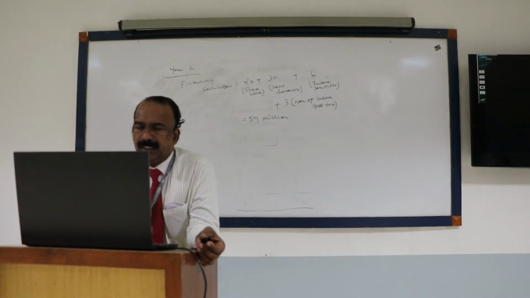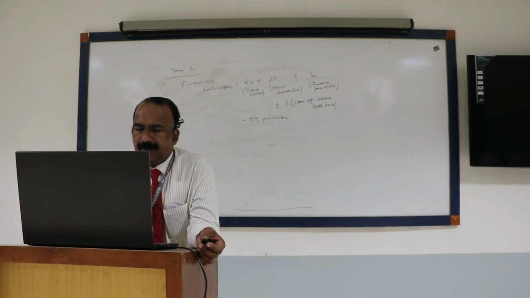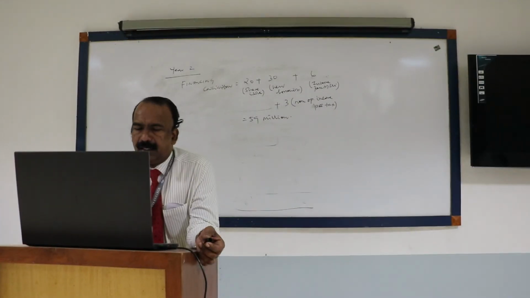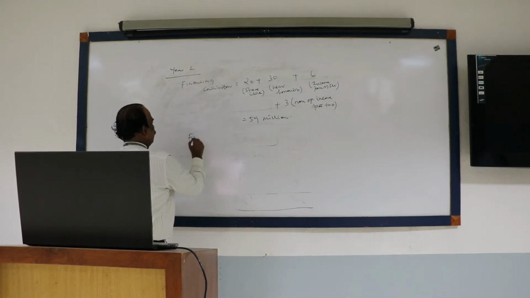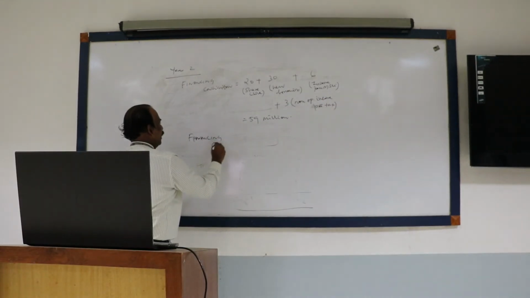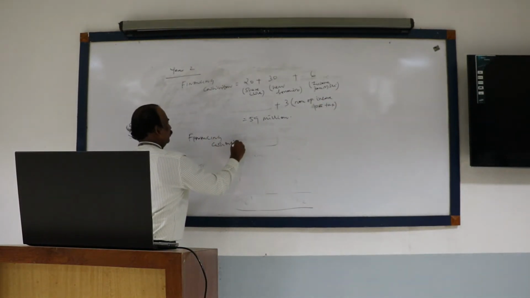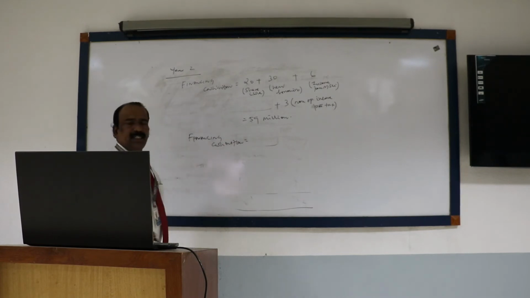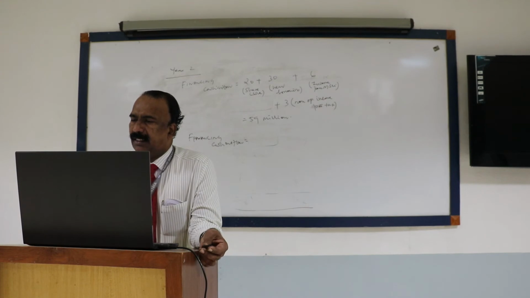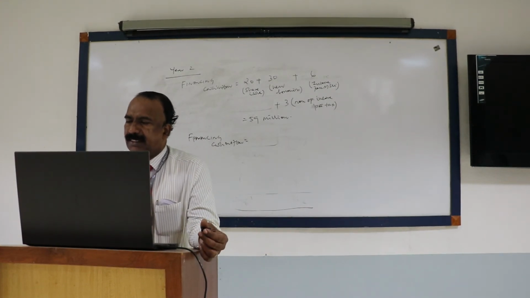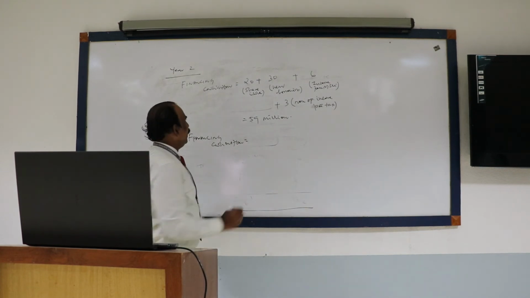Now come here for the financing cash outflow. Net purchase of investment: we bought 60 plus 60 and 90, so 30 we bought new shares.